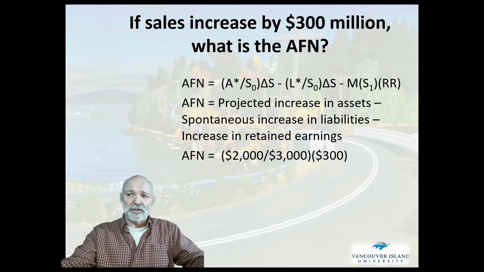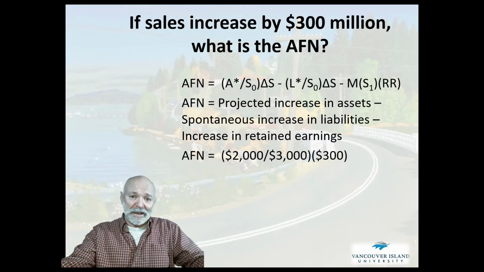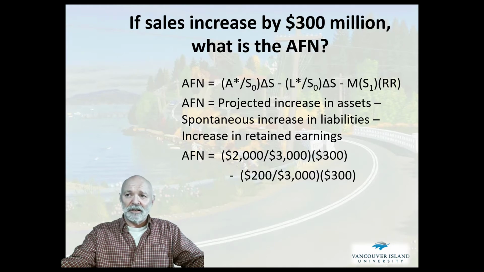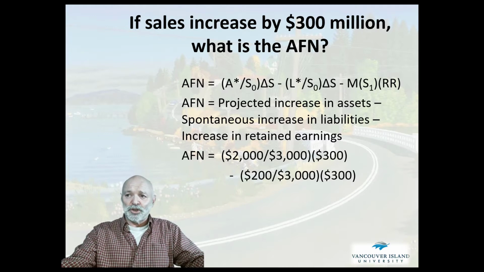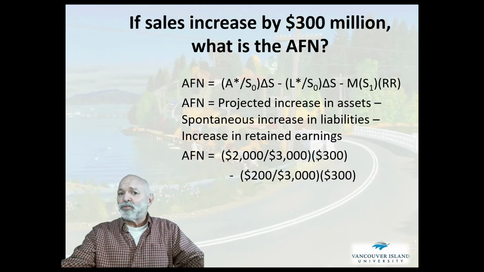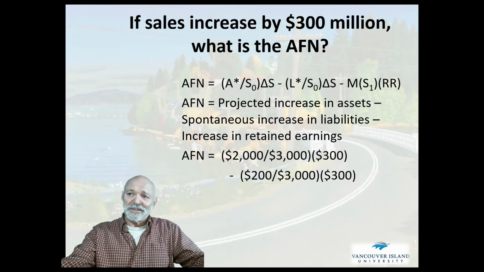The $300,000 is the change in sales. That's going to be the amount that we're going to have to spend to expand our assets to do the new business. We can pay for part of that, and here we've got $200,000 is our increase in our actual payables divided by $3 million in total sales times the change in sales. That gives us about 6.7% of our additional asset base that's going to be paid for by our suppliers.